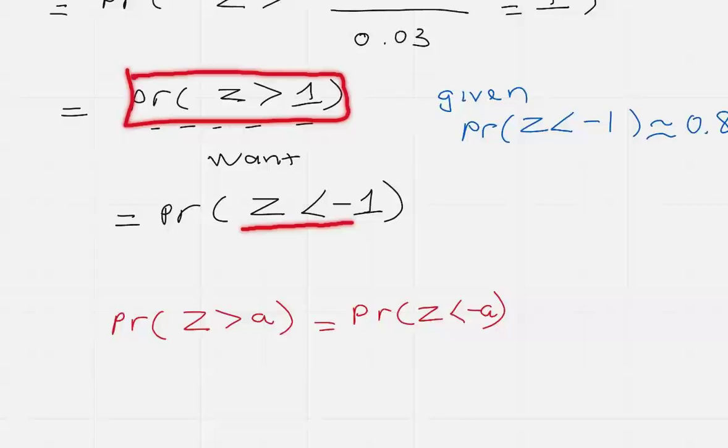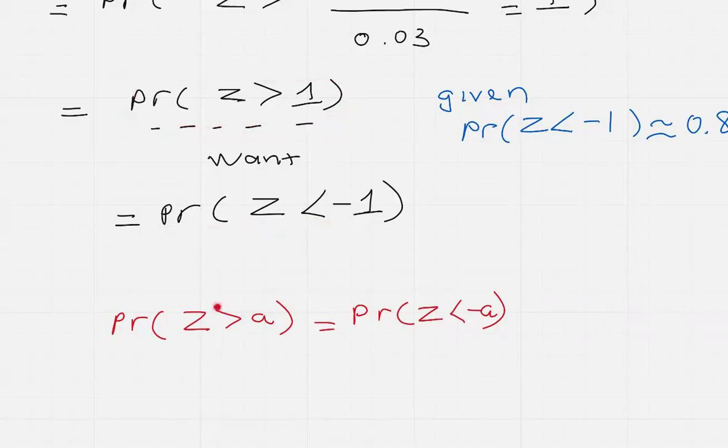It is the same as Z less than -1. See, what we do is from the greater than, we turn that sign into a less than, and the number A we turn into -A. 1 turns into -1, right?